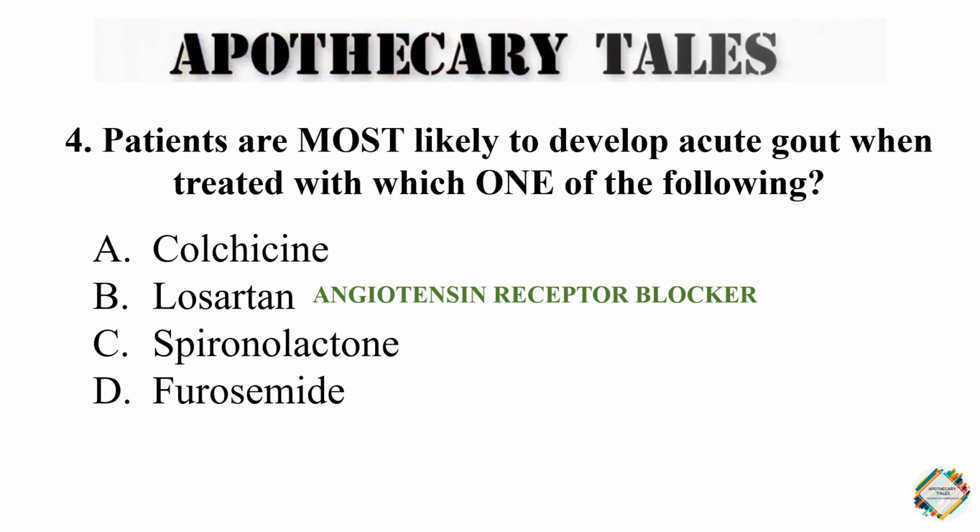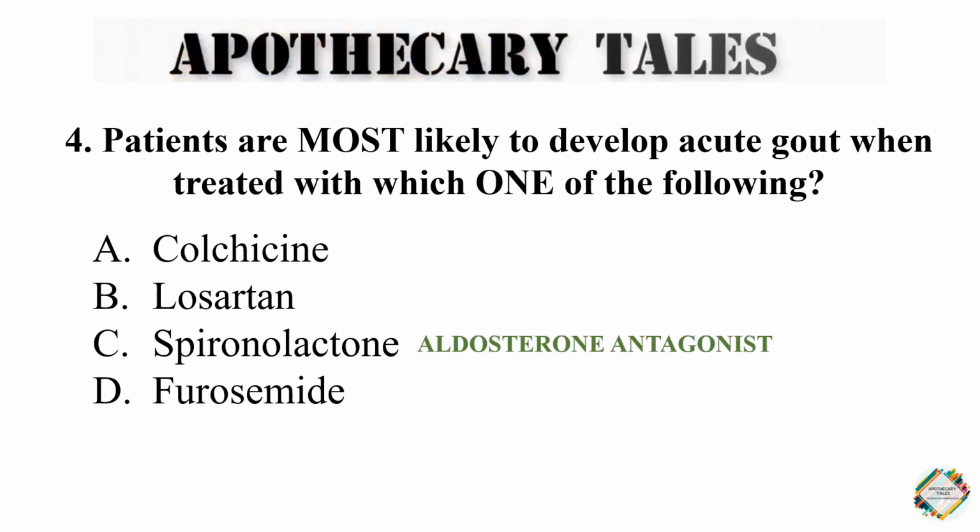So therefore, it will not contribute to the development of gout. The third option, spironolactone, which is an aldosterone antagonist drug. There are reports saying that it interferes with the renal uric acid clearance, particularly in patients with kidney problems. So there might be a chance of developing acute gout, especially in renal compromised patients.